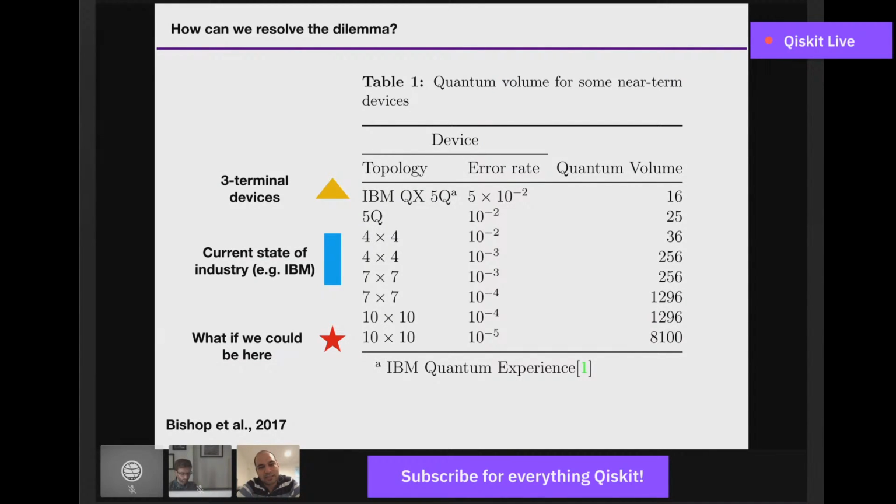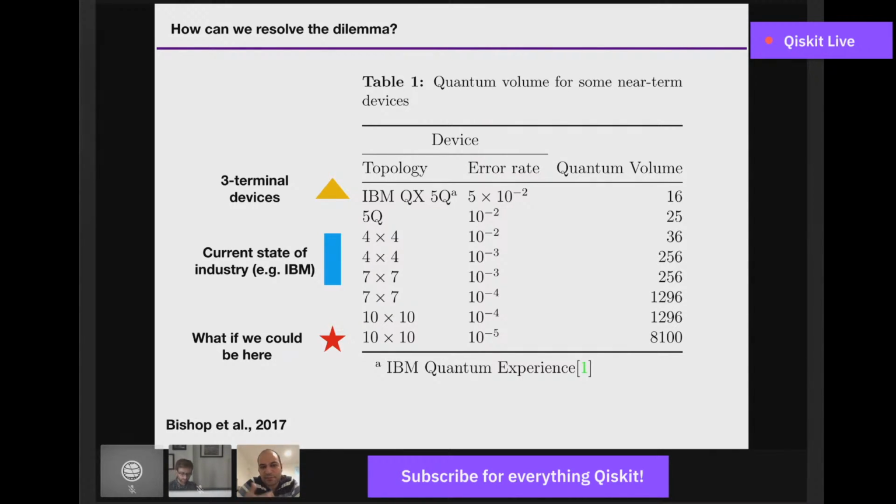But the thing is, if you look at the quantum volume, if you want to make a real device, we want to minimize error and maximize the quantum volume, and there are many ways to do it. I've taken this from the IBM reports recently in 2017.